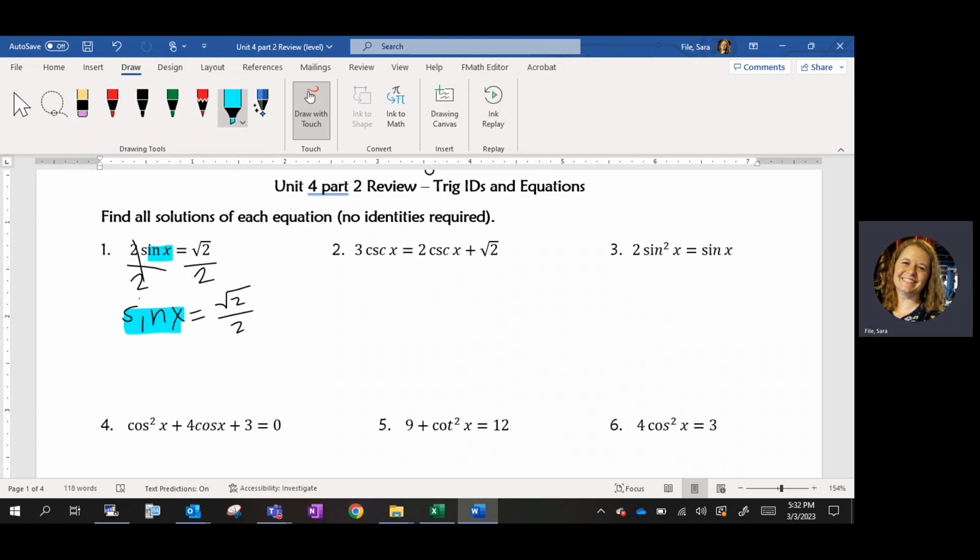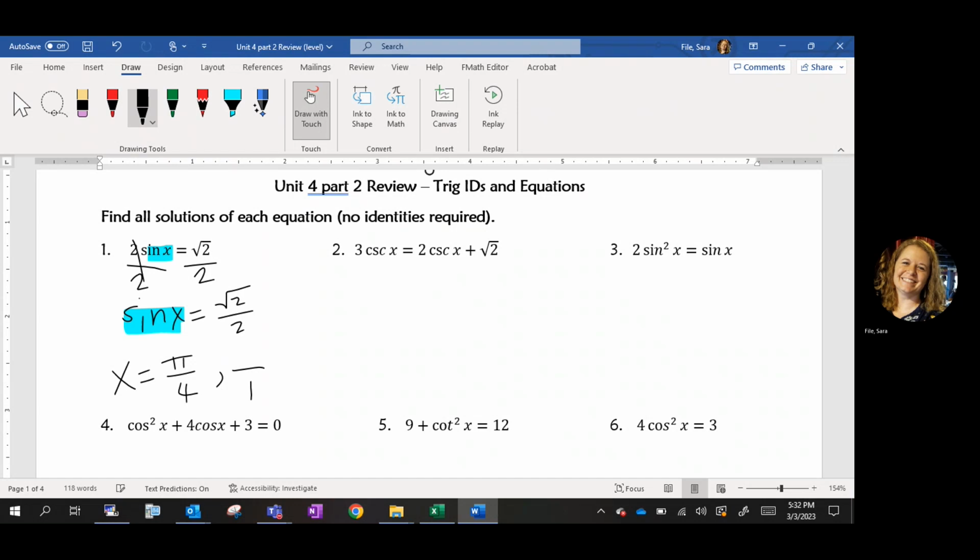So it's that 45 or pi-4ths reference angle in both quadrant 1 and 2. So in quadrant 1, that's pi-4ths. And in quadrant 2, it is 3 pi-4ths.